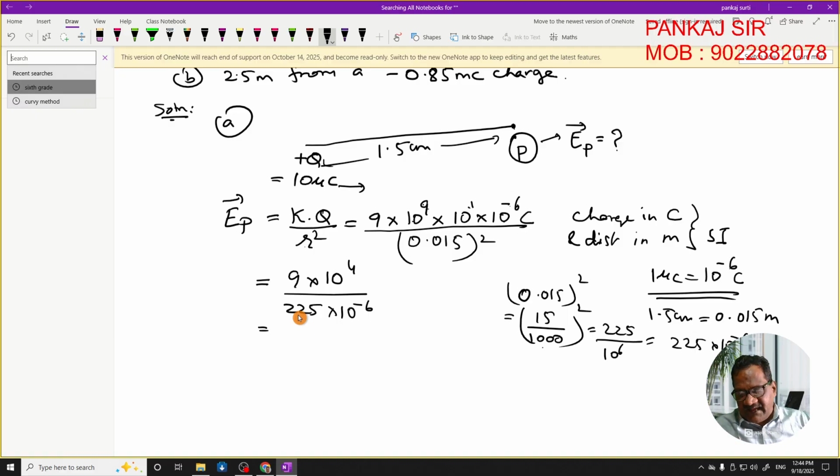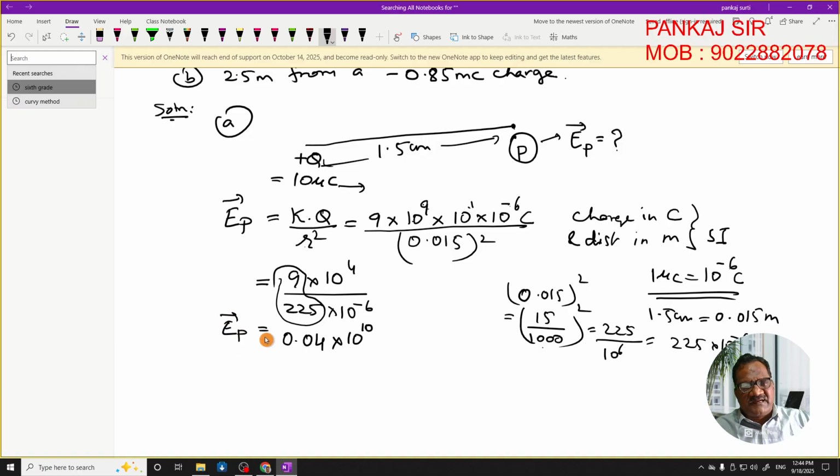This quantity 9 divided by 225 works out to 0.04, multiplied by 10 raised to 4 and 10 raised to minus 6. So this 10 raised to minus 6, if it goes to the numerator, becomes plus 6. So 10 raised to 4 into 10 raised to 6 will be 10 raised to 10. So this is your answer for EP.